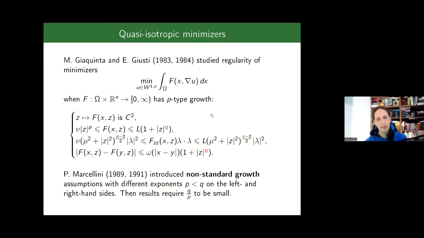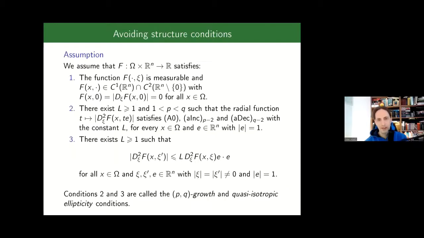But we wanted to consider this problem without this kind of structure conditions, so without comparing f to some specific power function, like c to the power of p, c to the power of q. And this is our assumption.